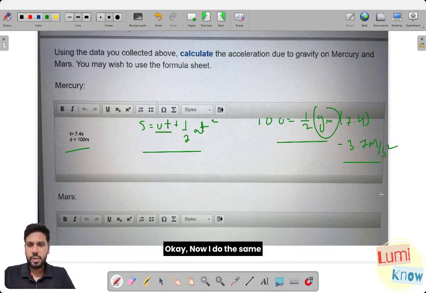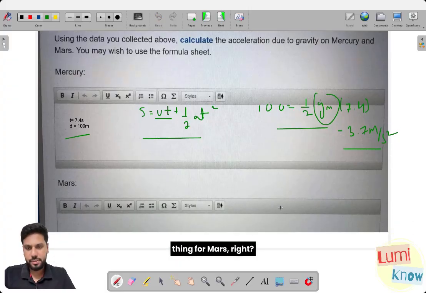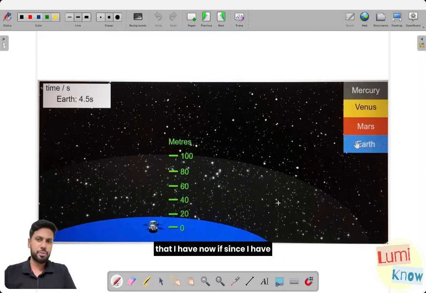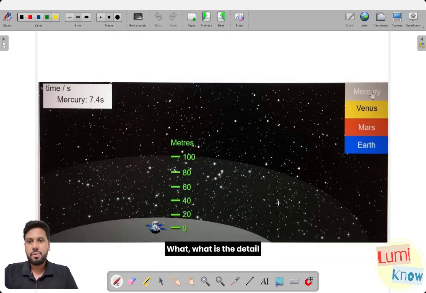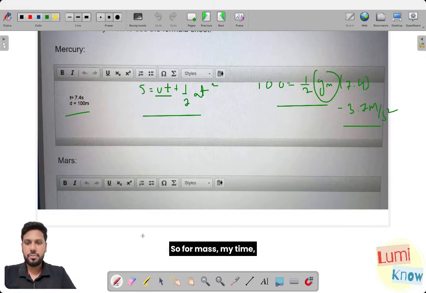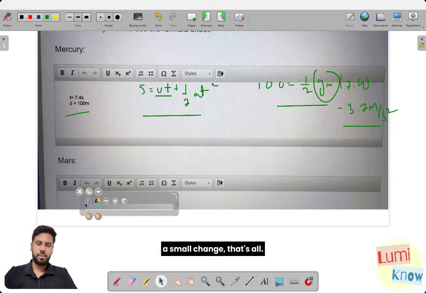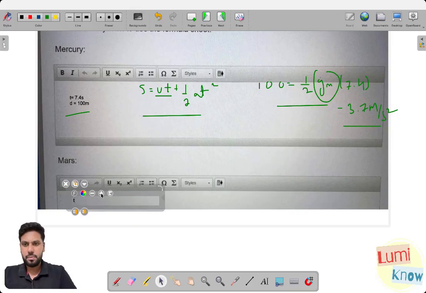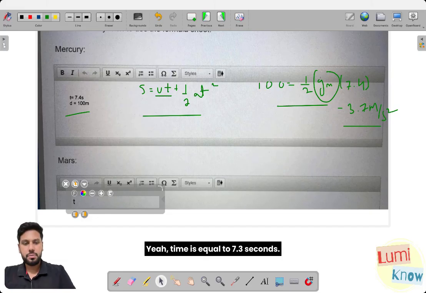Now I do the same thing for Mars. What are the details that I have for Mars? Since I have shown you Mercury, I'm sure you can do Mars easily. Time is 7.3 seconds, a small change, that's all.